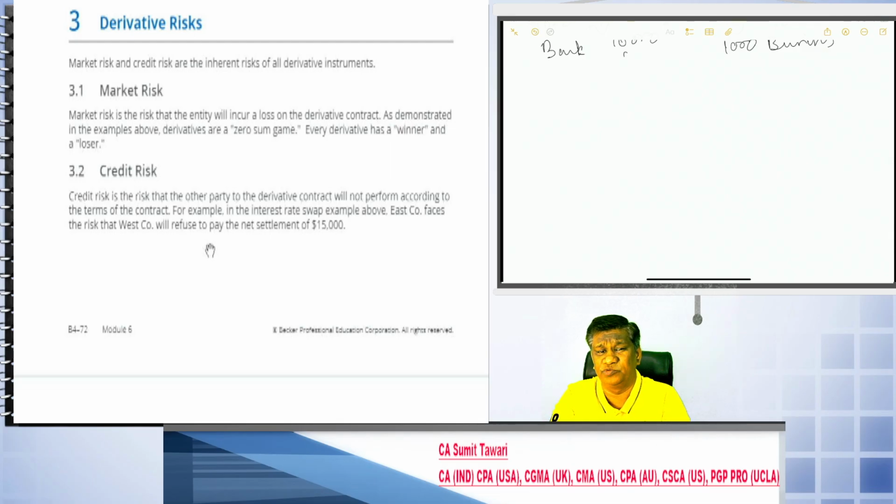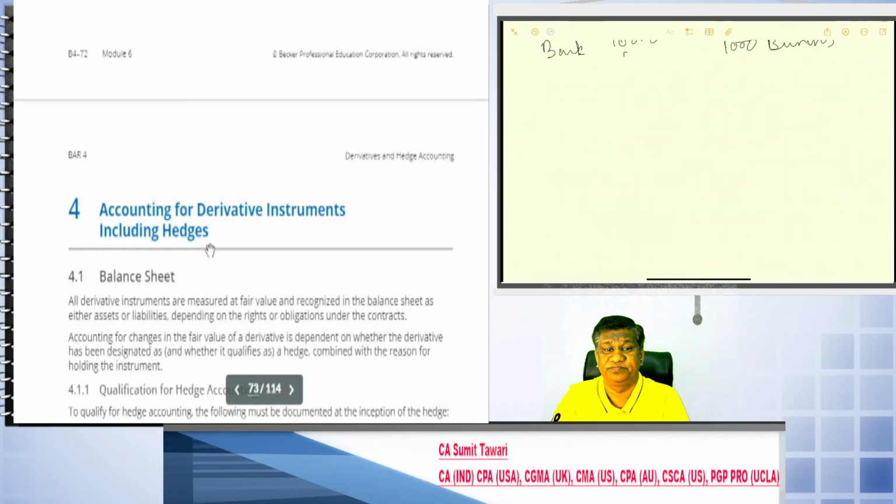Except futures: in futures, because it is routed through the exchange, they keep some deposit and the contract is standard. So if someone does not meet the obligation, they can deduct the losses from the deposit. So in futures there is less risk, but otherwise with options, forwards and swaps, there is always market risk or credit risk.